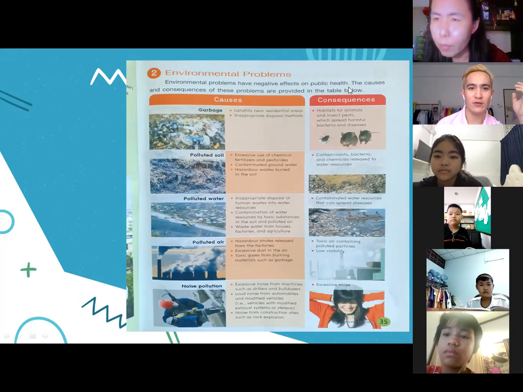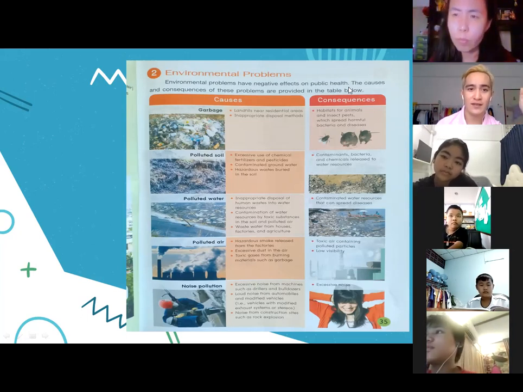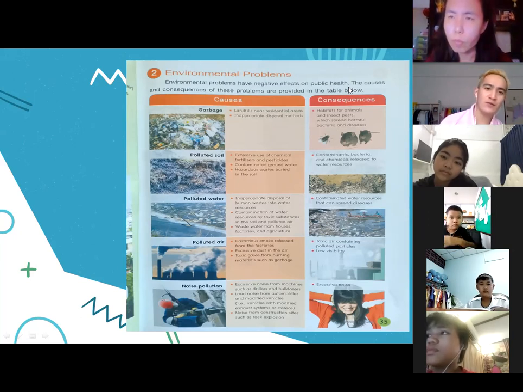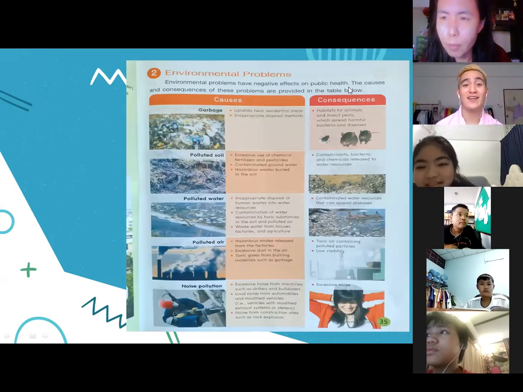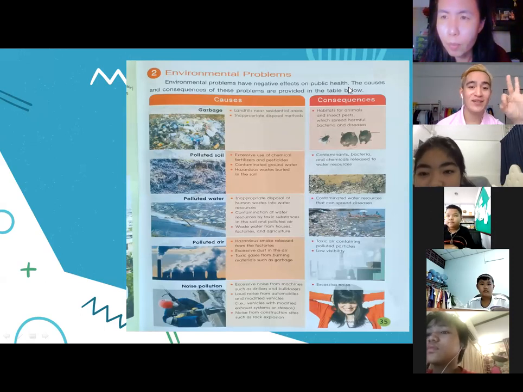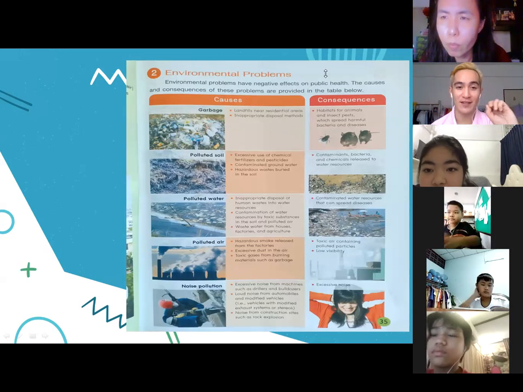Why does our school have it? We have 3 different kinds of trash cans, so we should segregate the trash. As I said earlier, we have the 3 R's. That's why we have that, so that we can apply the 3 R's of the environment.